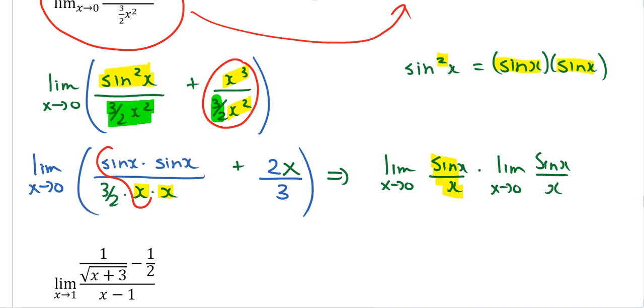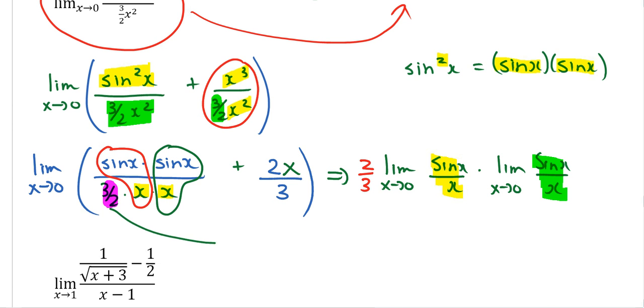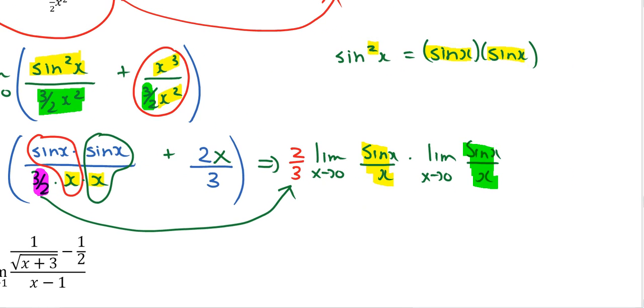This part in green is that part right there, and the purple 3 divided by 2, I'm going to move to the front. That's going to be 2 over 3. Finally, for this part of the question, I'm going to write another limit statement, plus the limit as x goes to 0 of 2x divided by 3.